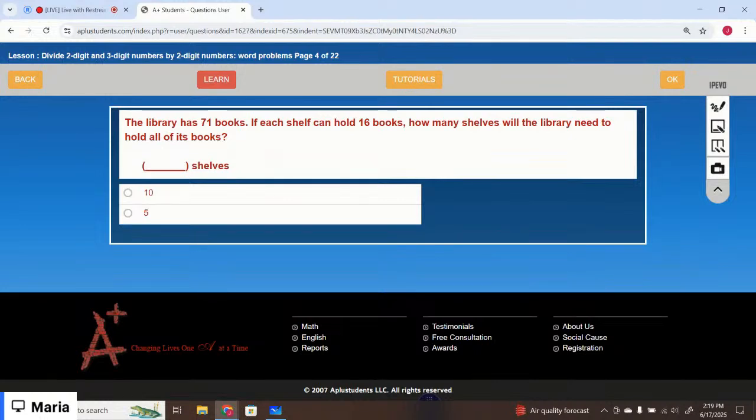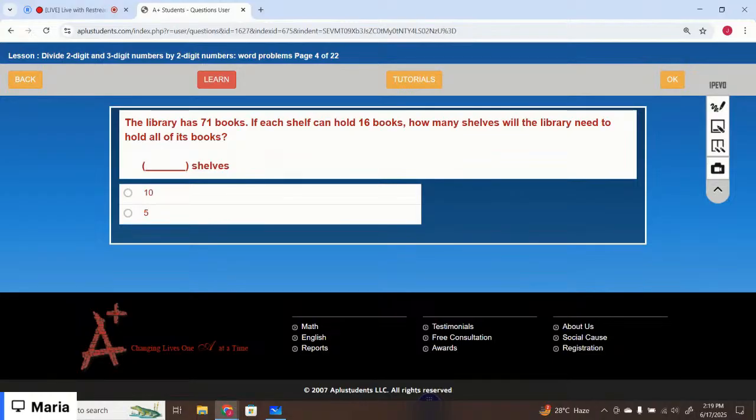The library has 71 books. If each shelf can hold 16 books, how many shelves will the library need to hold all of them? So 71 books we have. So we need to count how many shelves they need.